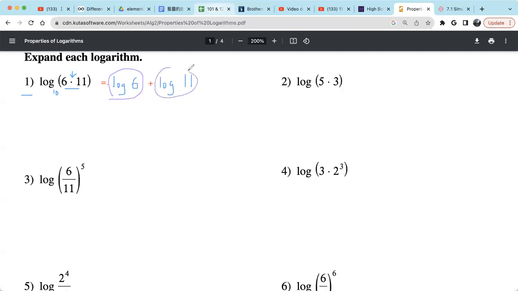This is exponent of 10. So by the property of logs, we can split the product in the value into 2 logs. Similarly for 2, I can split into 2 logs because it's a product. I can write it as log 5 plus log 3. It's that simple.